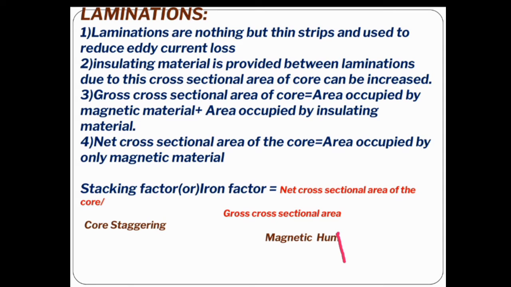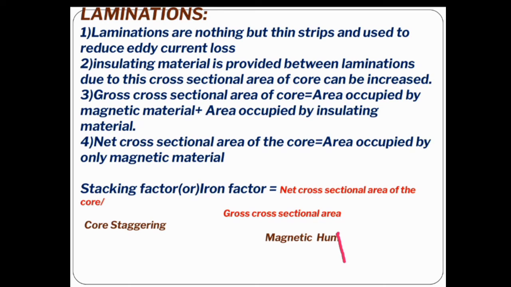In the next slide, laminations are nothing but thin strips of material, used mainly to decrease the eddy current losses. There must be an insulating material provided between every two laminations.